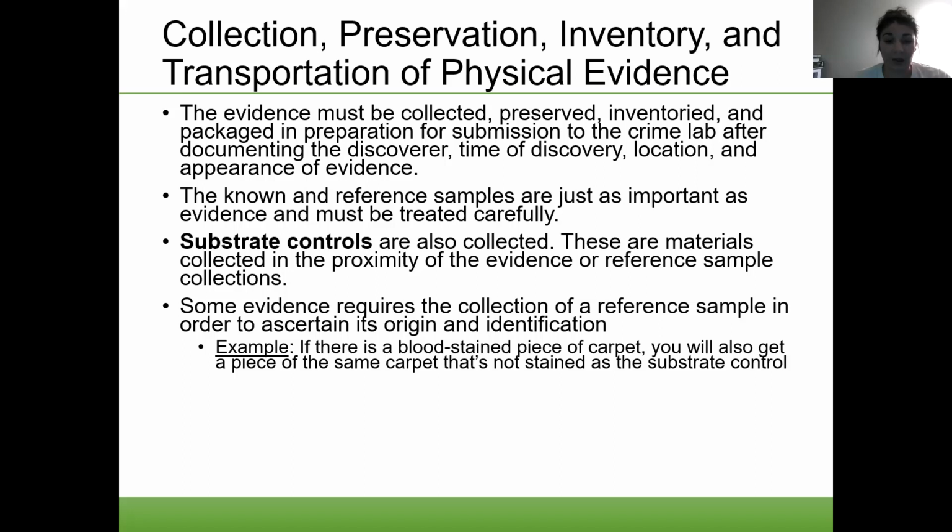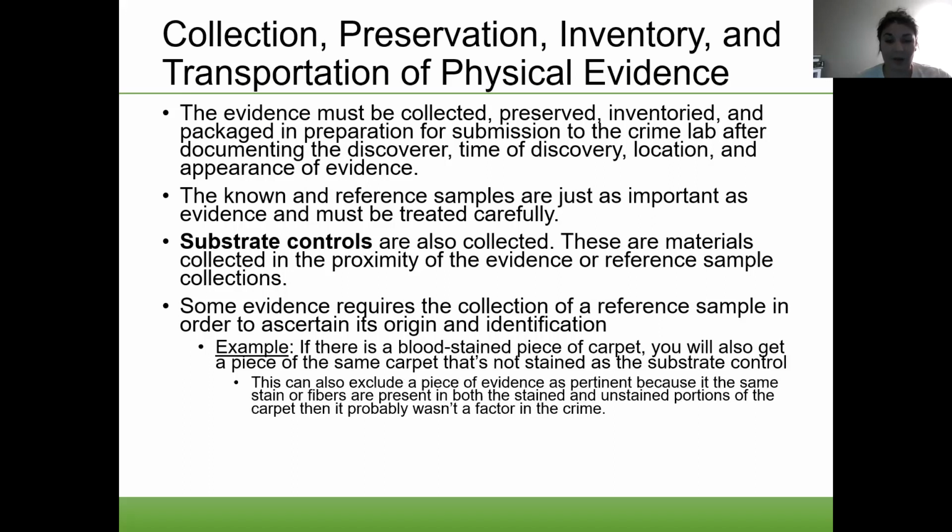That piece of carpet doesn't have the evidence on it, but is still used to compare to evidence, and is called the substrate control. It's just as important as the physical evidence found at the crime scene. They can also exclude a piece of evidence as pertinent, because if the same stain or fibers are present in both the stained and unstained portions of the carpet, then it probably wasn't a factor in the crime.